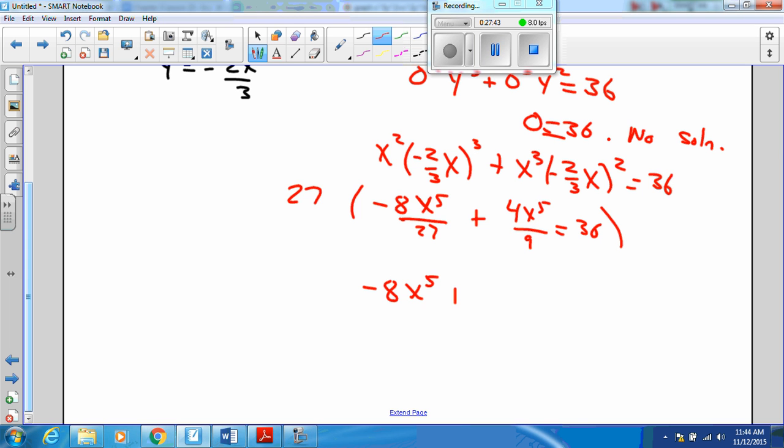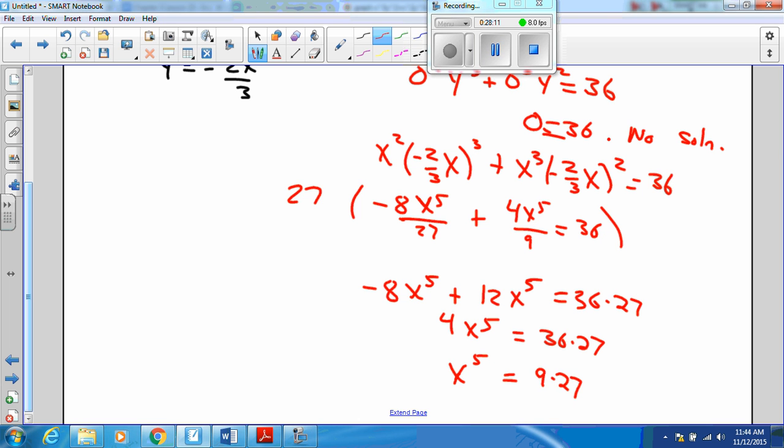Then I get negative 8x to the 5th plus 3 times 4, which is 12x to the 5th, is equal to 36 times 27. I don't feel like multiplying that out just yet. Let's see what happens. What is negative 8x to the 5th plus 12x to the 5th? That's right, 4x to the 5th. And what is 36 divided by 4? 9.